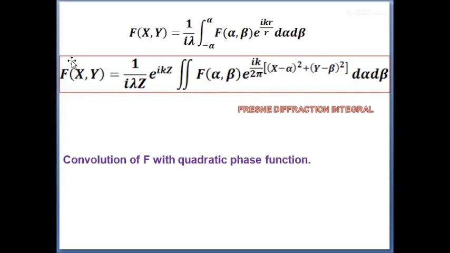So this equation is another form of the Fresnel diffraction integral, and this equation represents the convolution between two functions. One is this f(alpha, beta) and the other is the quadratic phase function, which is e to the power ik by twice pi x minus capital X square minus beta square d alpha d beta.